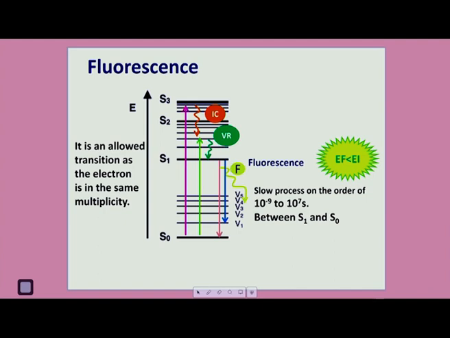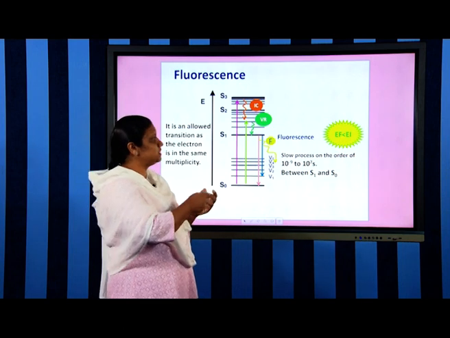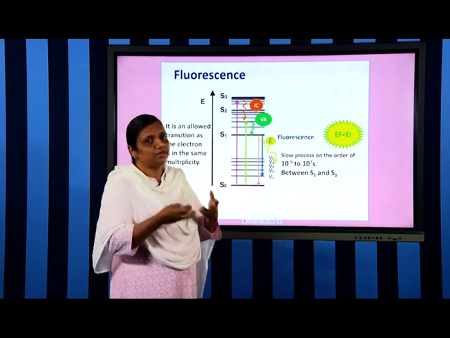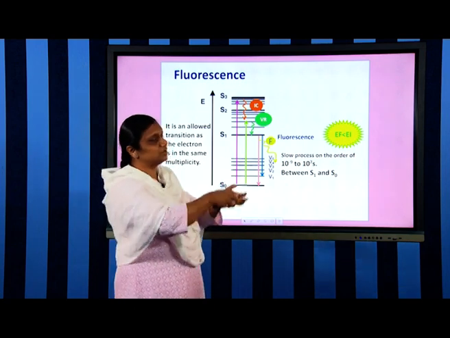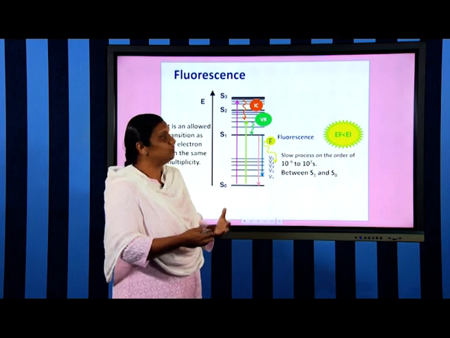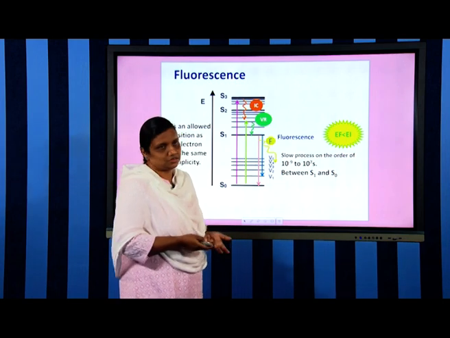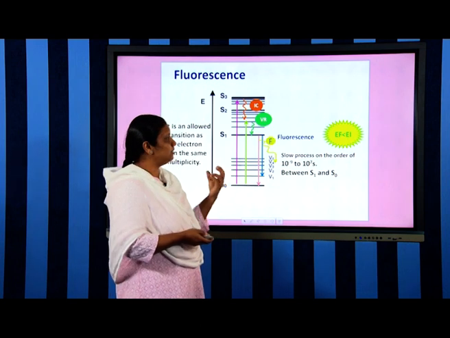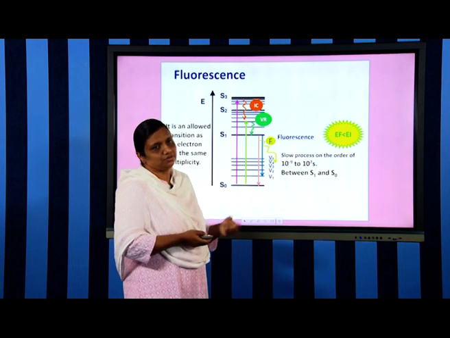Now, one more aspect here is that the energy of the fluorescing radiation will be less than the energy of the incident radiation. We know that because when the incident radiation is absorbed, some amount of energy is used up for internal conversion, vibrational relaxation, etc., and only the rest is emitted as fluorescing radiation.